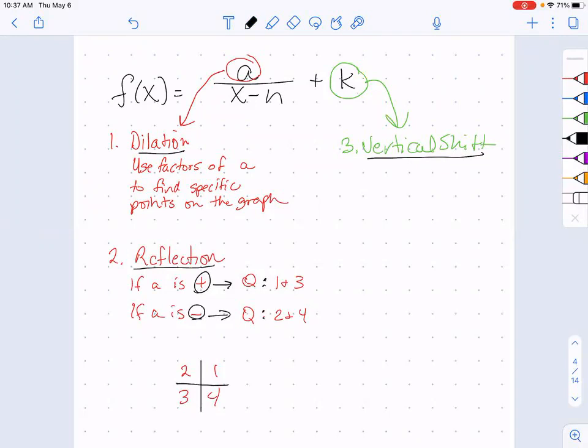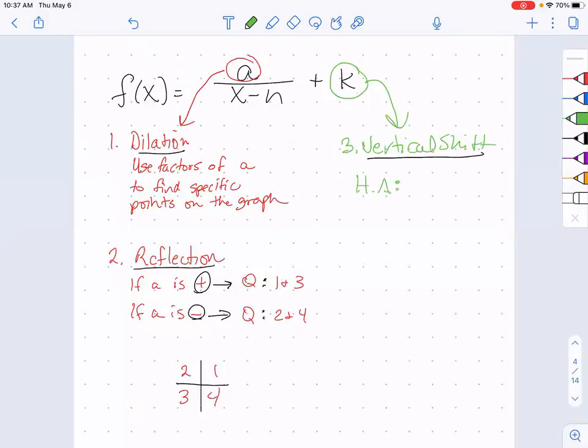Remember, it has a horizontal asymptote. And when we move the graph, that horizontal asymptote is going to shift up and down with the rest of the graph. If you want to draw the graph, the first thing you want to do is draw the guidelines, which are the asymptotes that help you draw in the shape. And so when we do a vertical shift, we're going to move that horizontal asymptote, which we called yesterday HA, horizontal asymptote. It's going to move along with it.